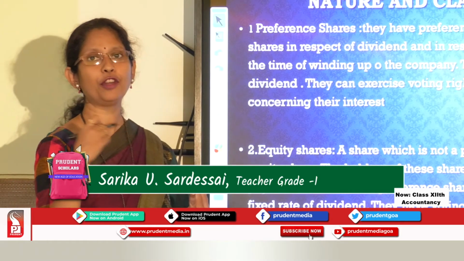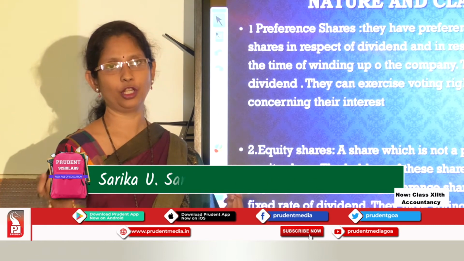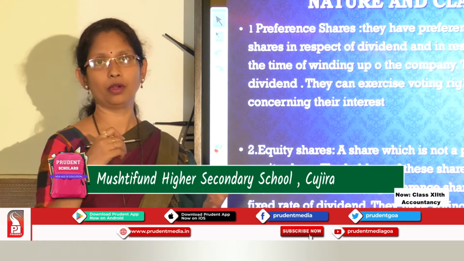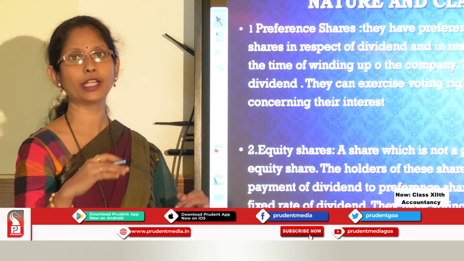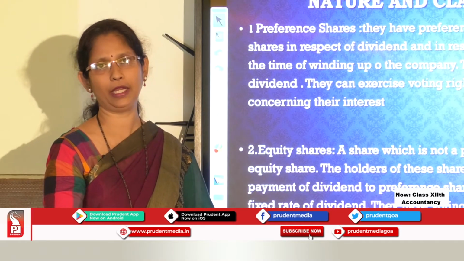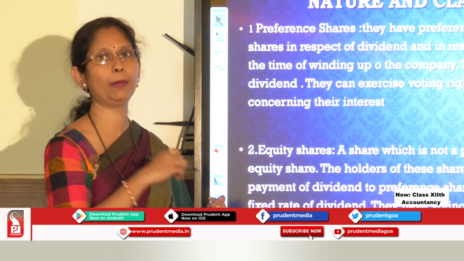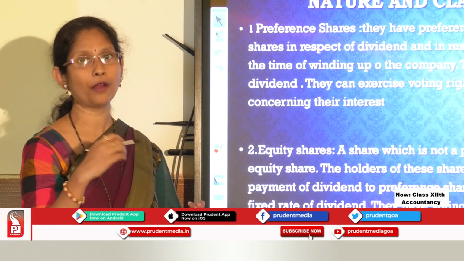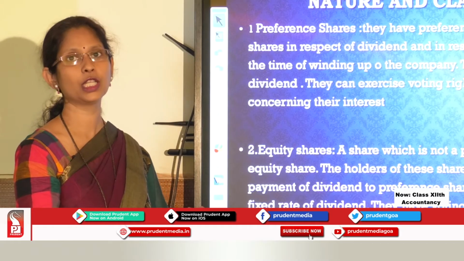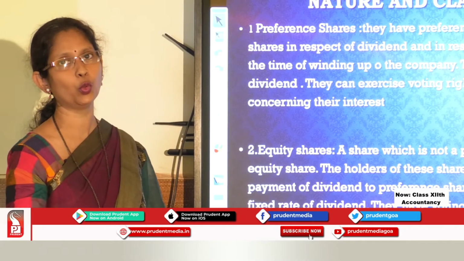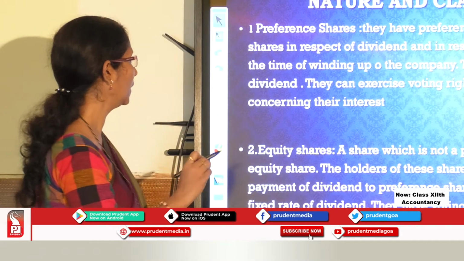Second thing, in repayment of their capital. Whenever there is a time, because of liquidation and all, the capital has to be repaid to the shareholders, in that case the preference shareholders will be paid first and only after paying the preference shareholders, whatever remains will be given to equity shareholders.